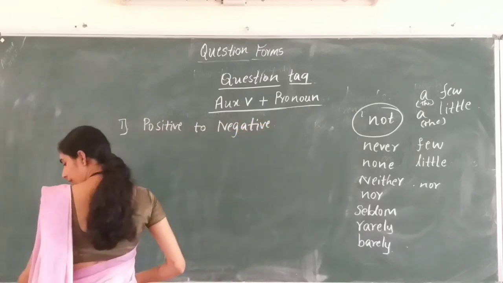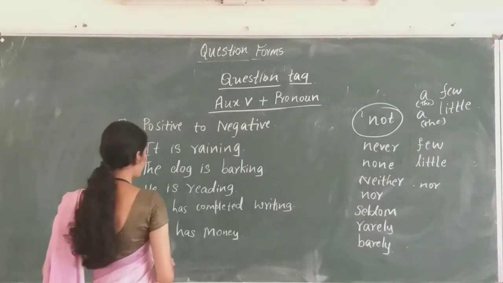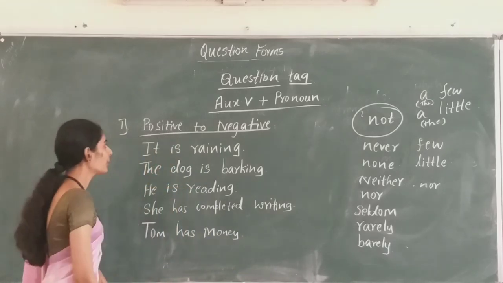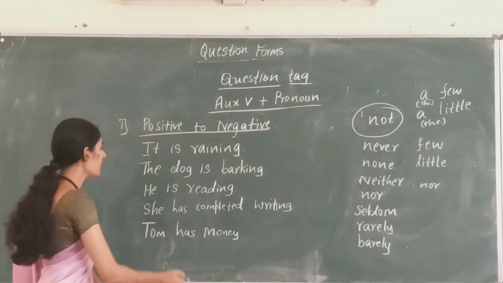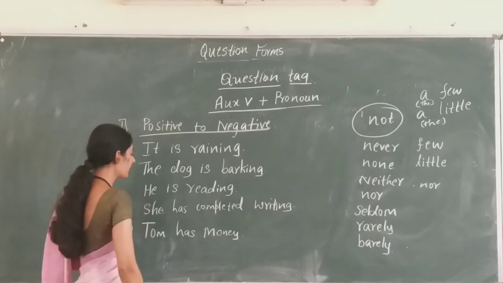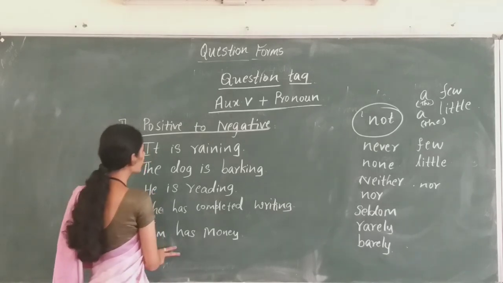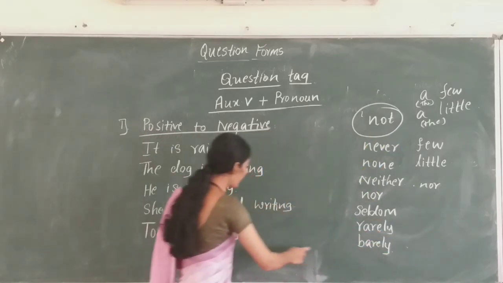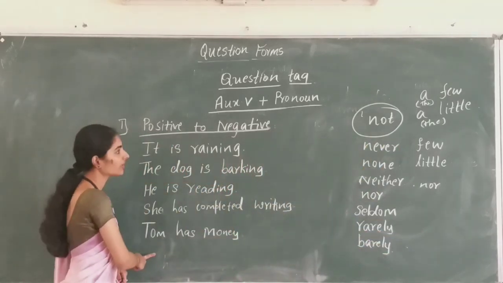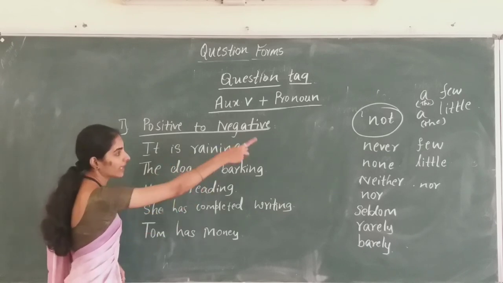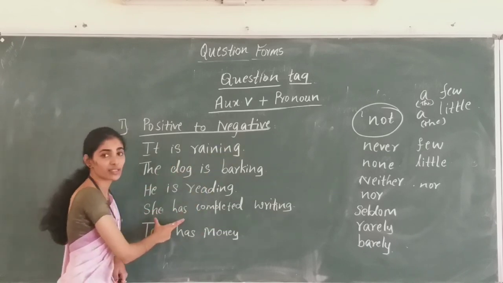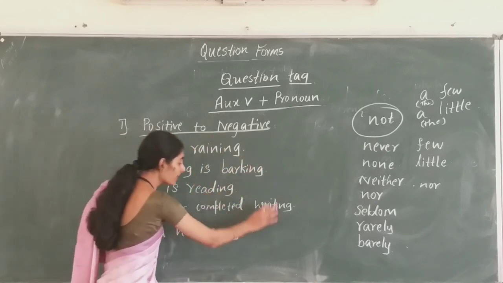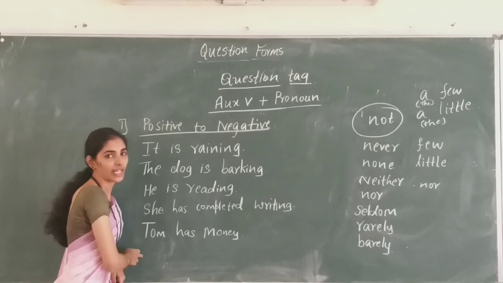I'll write a few sentences now. Look at this. Positive to negative. All the statements that I have written here are positive because you don't find any of these negative words there. But the tags of these sentences must be negative.